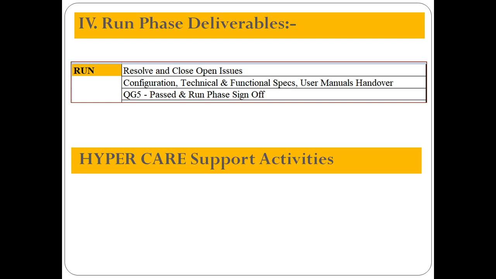Based on the KDS and configuration, we started unit testing, integration testing, user acceptance testing. Based on the UAT, we prepare the roles and authorizations, and we do the cutover activities. In cutover, there are two different activities you will be involved in: mock rehearsal in the pre-production server, and production cutover in the production server.